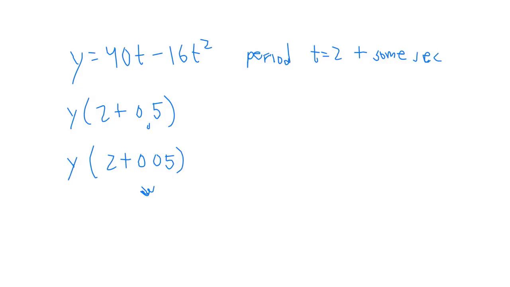So if you plug in these values for y, the first one is y at 2.5. At some point you could do some of these by hand, but at some point you would probably need to use a calculator, especially for something like 2.05.